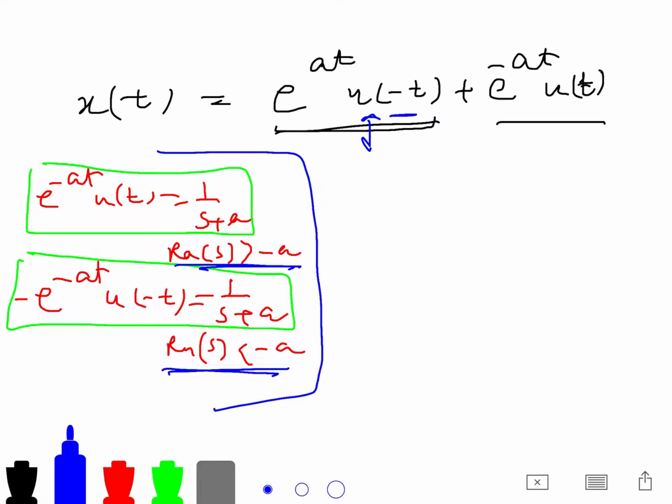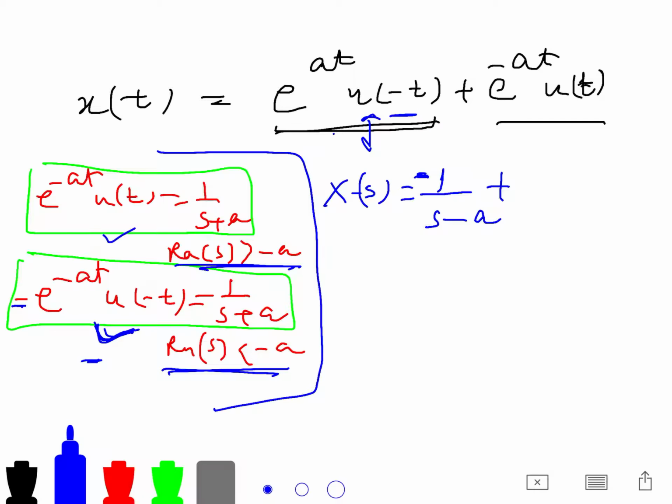U of minus t is a left-sided sequence. Compare this with the pair. Then the Laplace transform will be X(s) equal to 1 upon s minus a, and a minus sign will also come here, because here the minus is defined in the pair but not in the function.